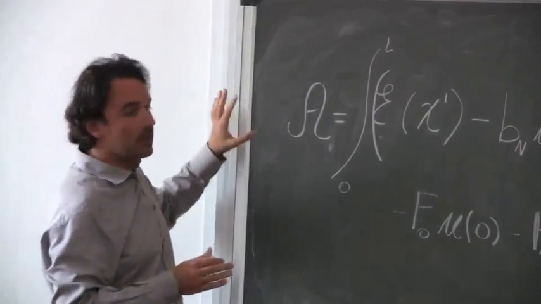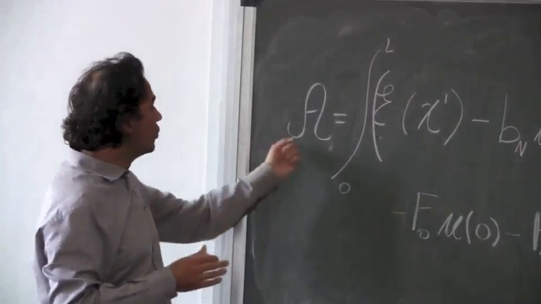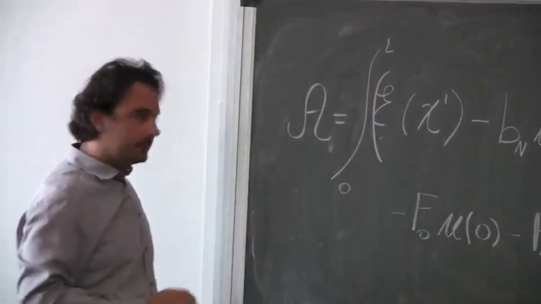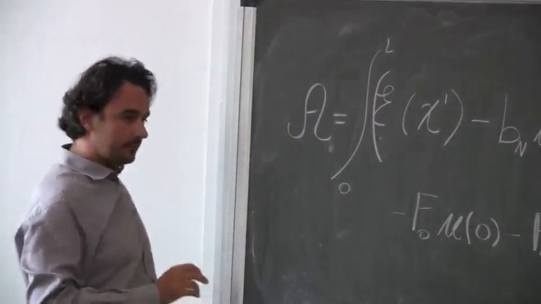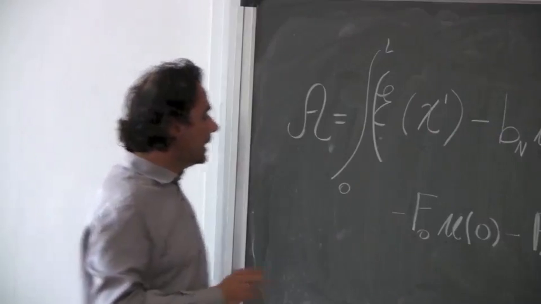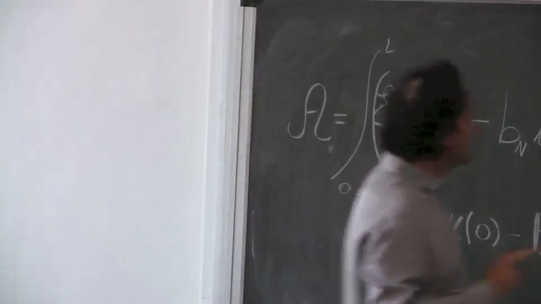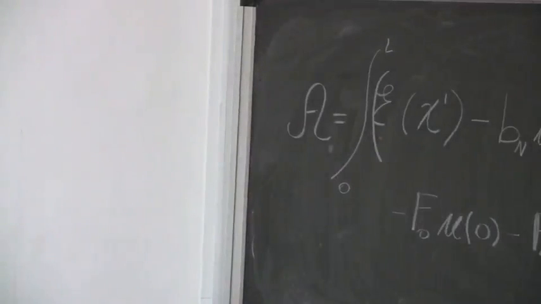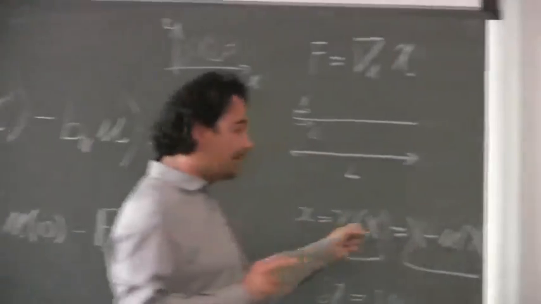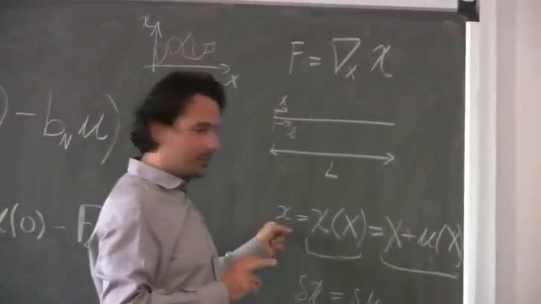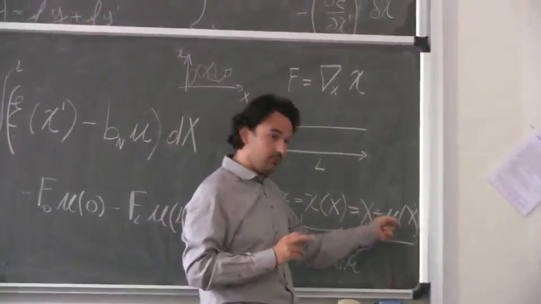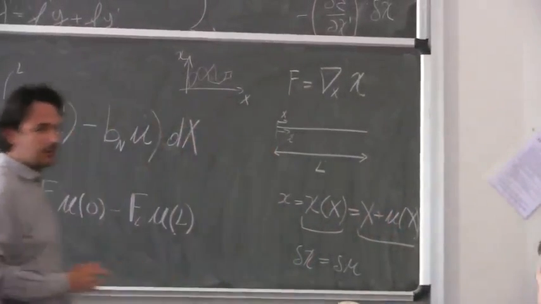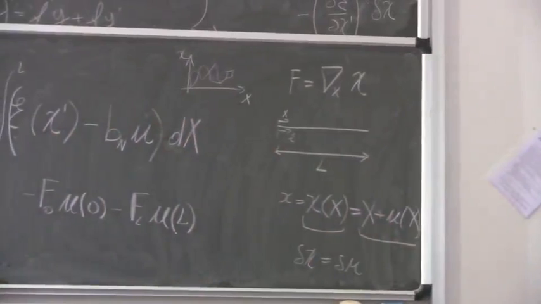In this case, we have only displacement, and so you have to vary only that field. That means that x is the same. This is an important thing: capital X is the same, not small x, because small x is capital X plus u, which varies only at the boundary. Okay.